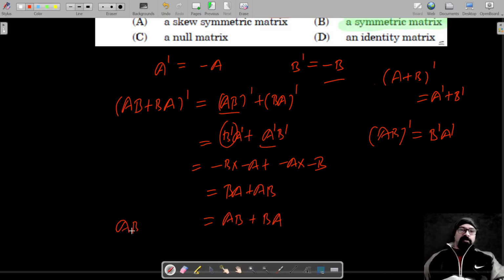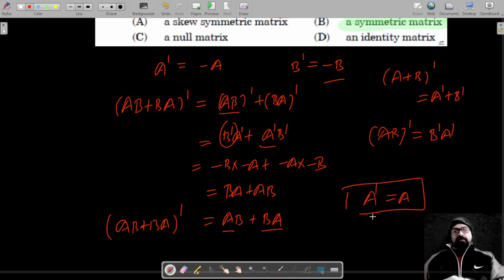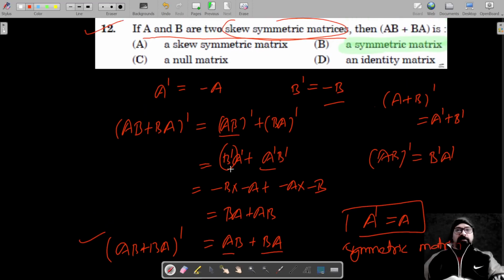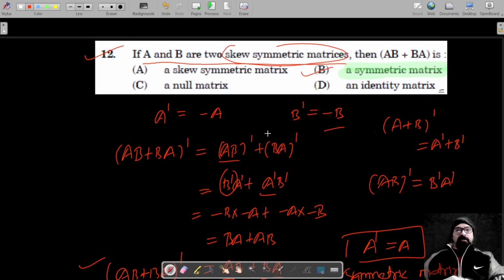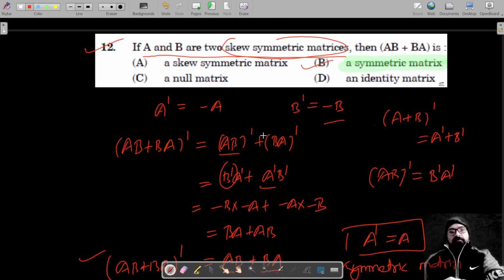So that means the transpose of AB plus BA is equal to the matrix itself, that is AB plus BA. And we know that when the transpose of the matrix is equal to the matrix itself, then it's a symmetric matrix. So that means AB plus BA, the whole transpose, is a symmetric matrix.